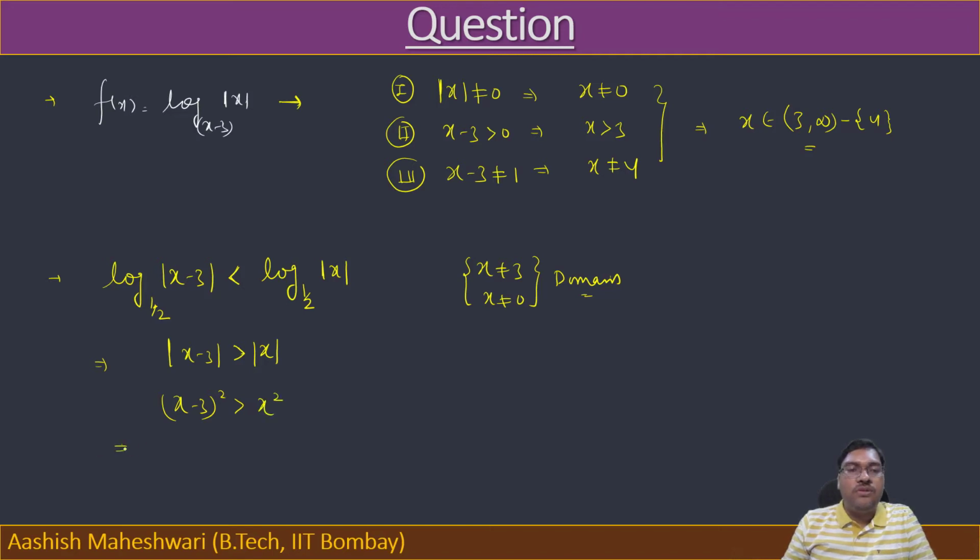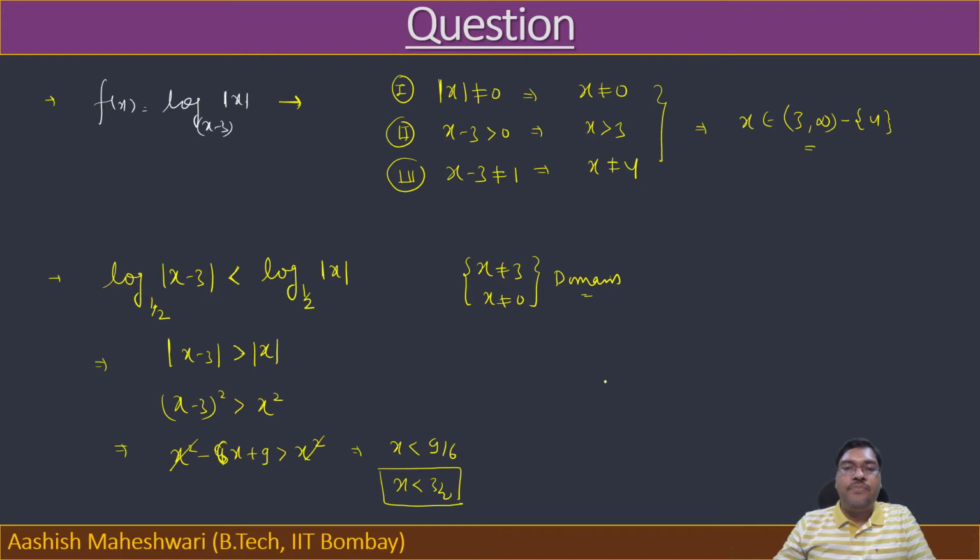So, now if I solve this, this is x square minus 6x plus 9 should be greater than x square. So now if you solve this, you will find x is less than 9 by 6, or x is less than 3 by 2. So what is the final answer?